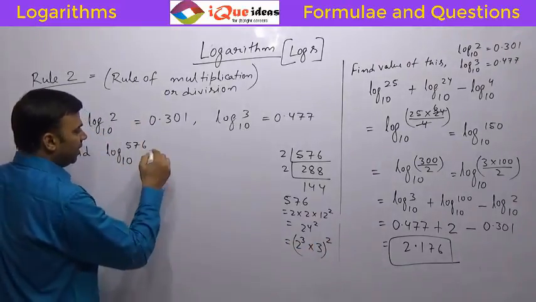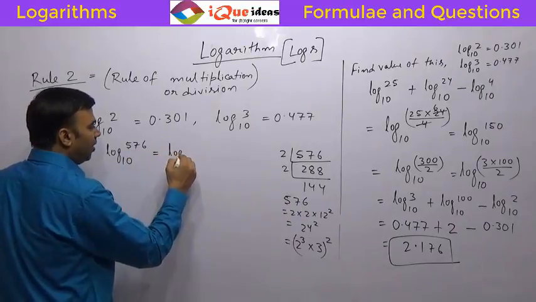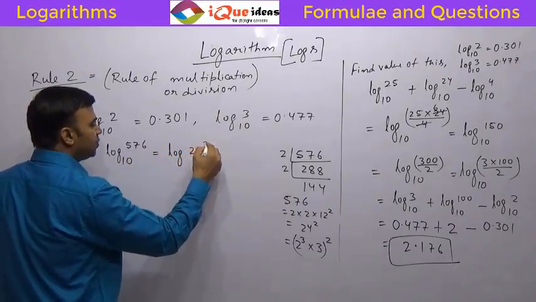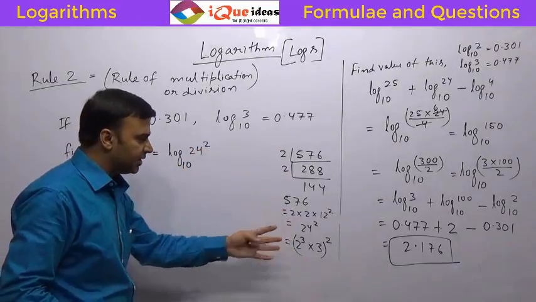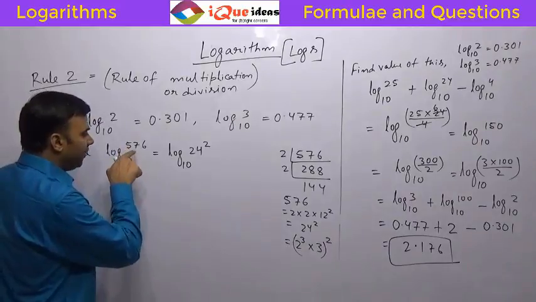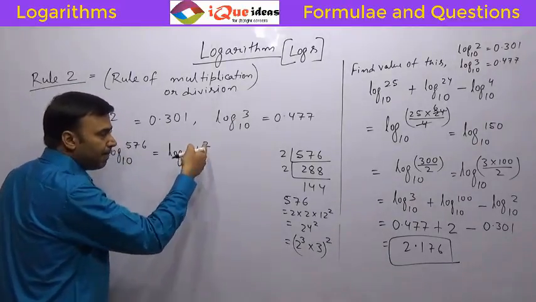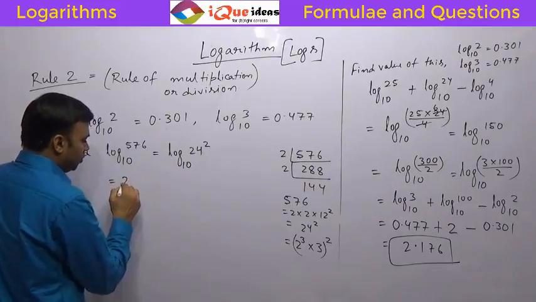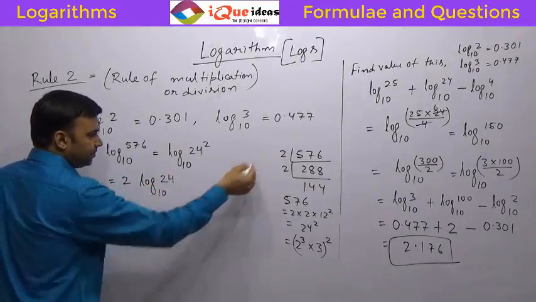So if I write it here, let's see what happens. Let's write it as log of 24 square to the base 10. I have just explained factorization as an extra thing. In this question, first of all, write 576 as 24 square. What will happen is 2, because it is a power, it will come outside. So it becomes 2 log 24 to the base 10.